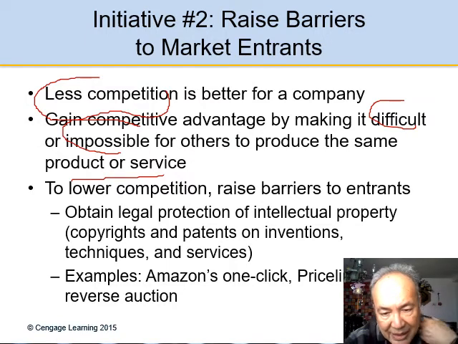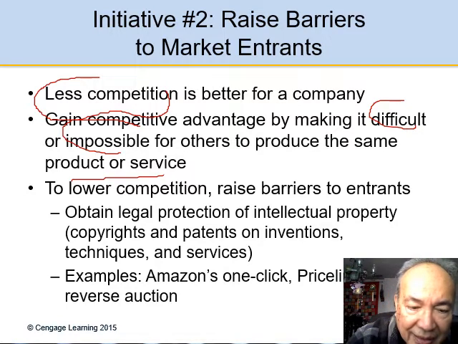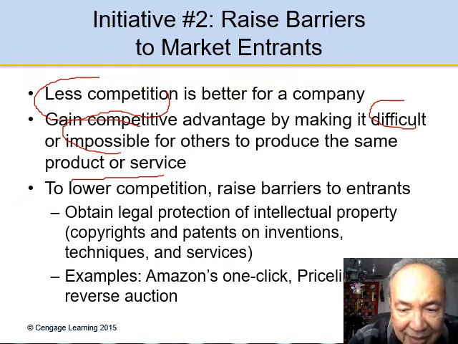Amazon has a lot of these technologies that they put in their website. The competitors don't know how to do those things. They're trying to learn from Amazon.